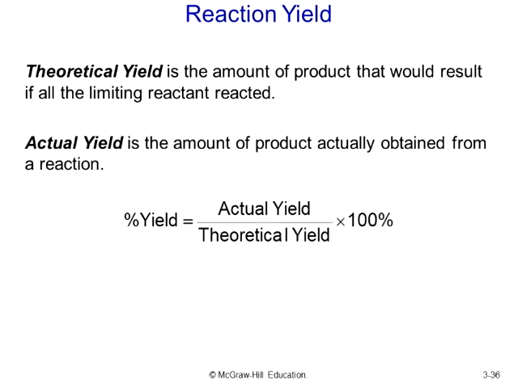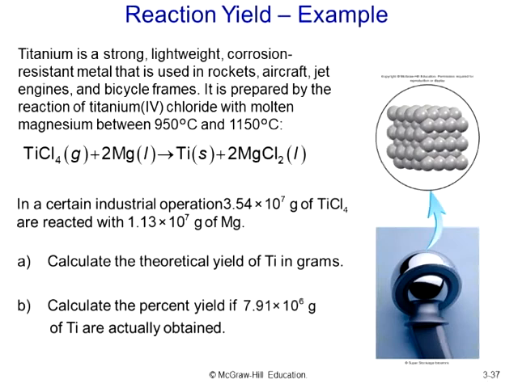It's important, however, to remember that in any of these reactions, the chemical equation must be balanced. That's rule number 1. Then the limiting reactant is determined by the reactant that yields the fewest number of moles, which is proportional to the number of grams.